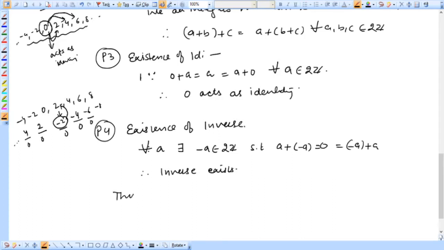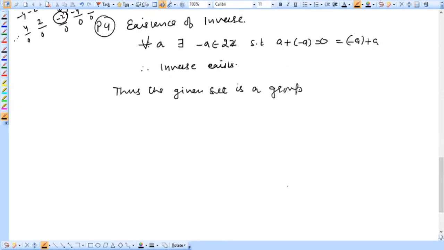Thus the given set is a group, right? Moreover, this also satisfies the commutative law. Therefore we can say this is not only a group, but an abelian group.